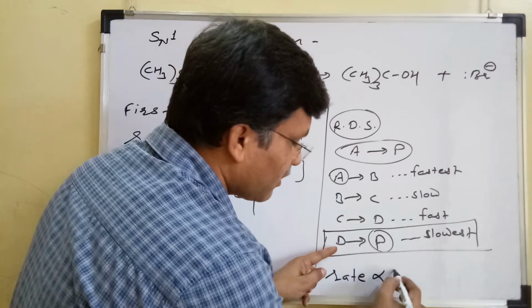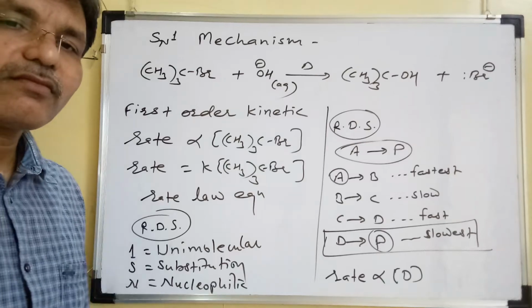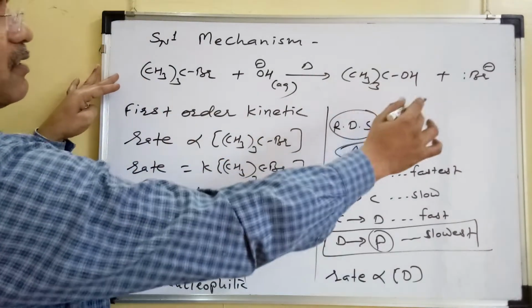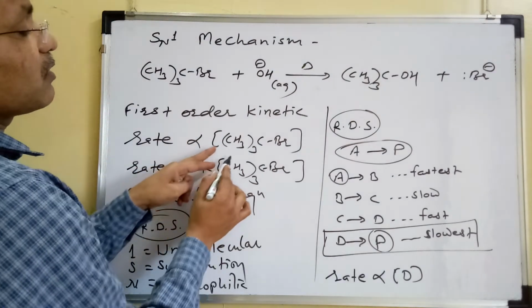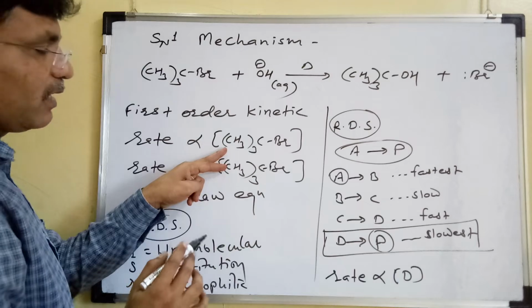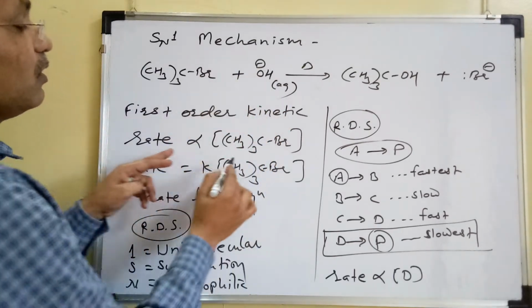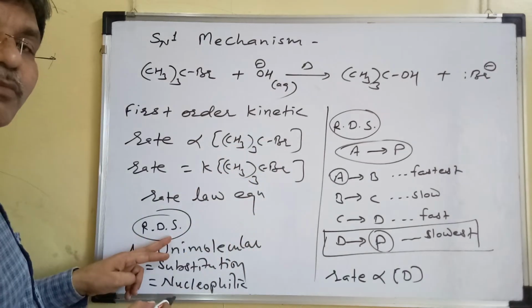So the rate of this reaction depends upon the concentration of D. Same case, in this reaction the rate depends upon the concentration of tertiary butyl bromide and does not depend upon the hydroxide ion.